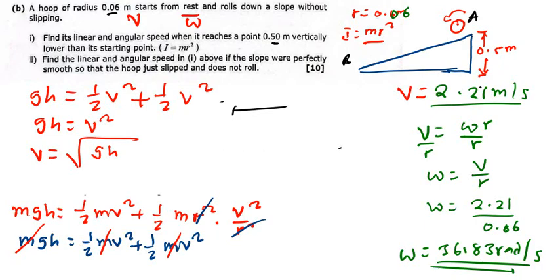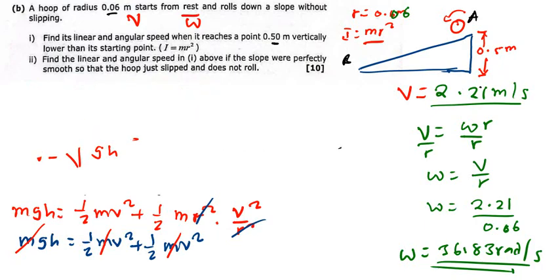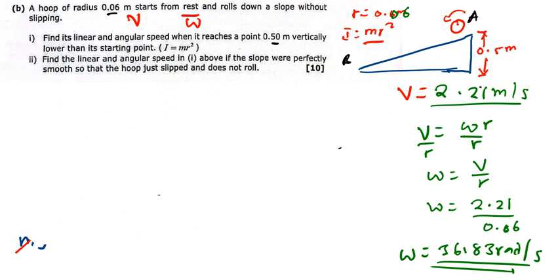So we get rid of this. We'll do the same. The mechanical energy at point A will be equal to the mechanical energy at point B. At point A, I have potential energy at point A plus kinetic energy at point A. Now, this kinetic energy is translational.